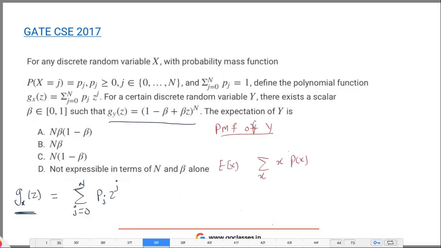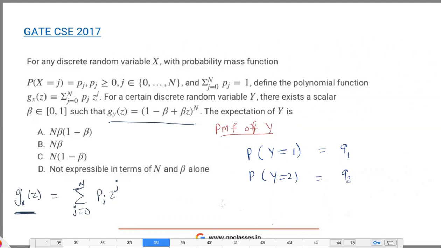So we want the expectation of y, and that has to be with the probability distribution over y, right? So let me assume that the PMF of y is q, which means the probability that y takes value 1 is q1, the probability that y takes value 2 is q2, like that.